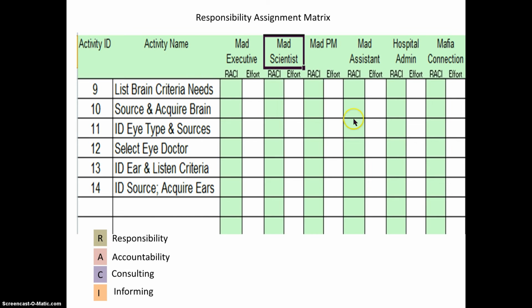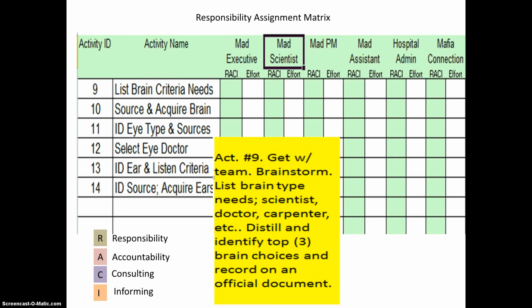And you can see we've identified columns called RACI, which is our responsible, accountable, consulted, or informed role, that each of these stakeholders above will be considered for and will be carrying through that particular activity. So as we look at activity number 9, we get with the team, we brainstorm, and we list a few of the brain type needs that we most likely will be discussing.